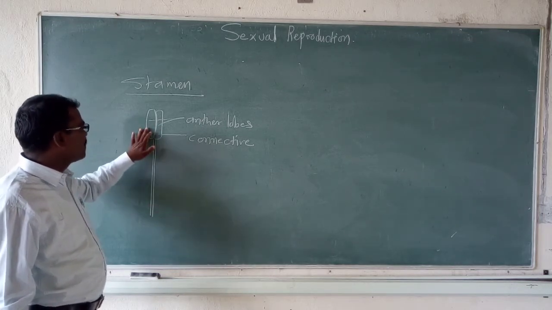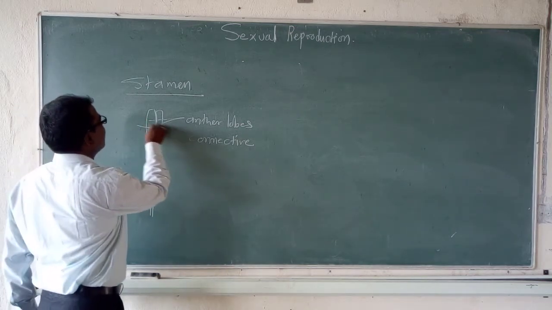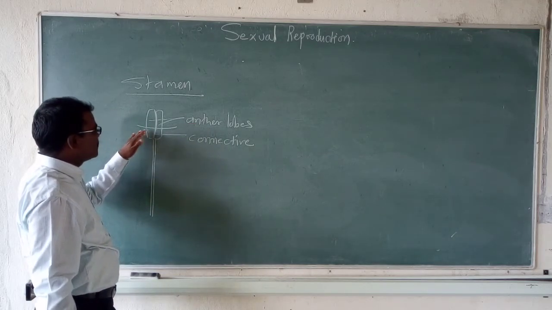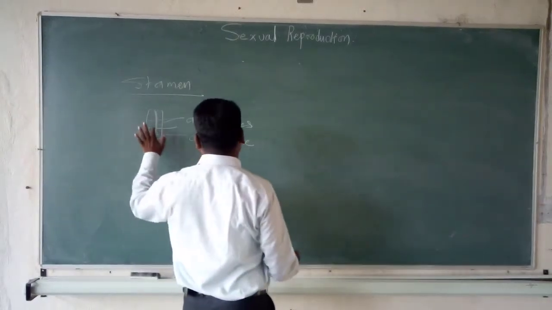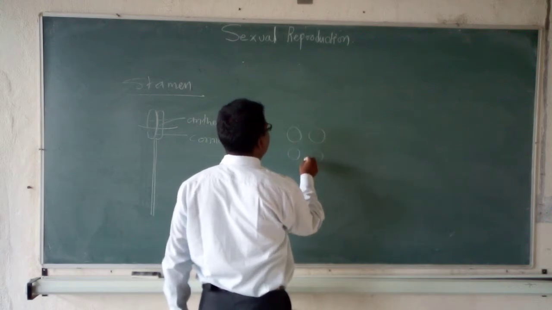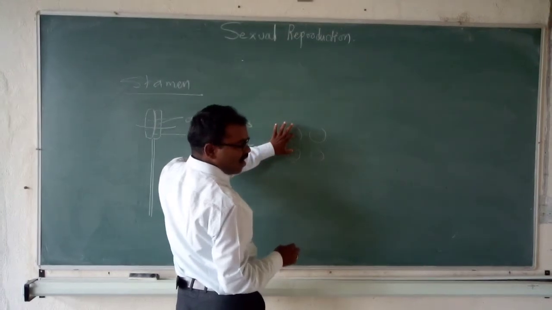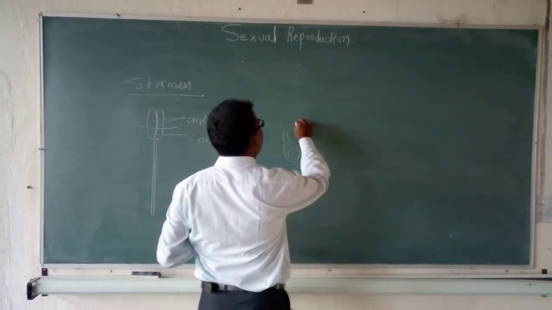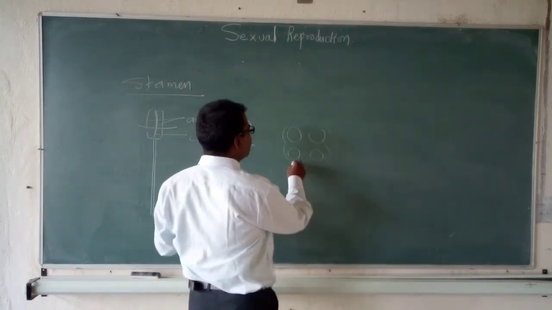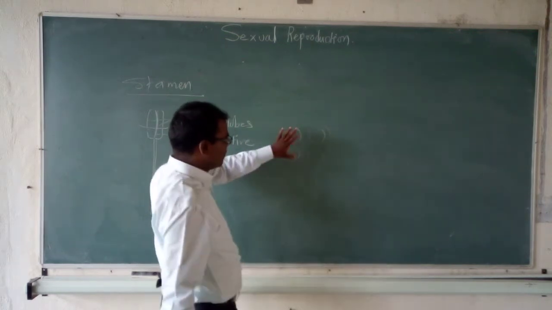By taking a transverse section of the anther, we see two anther lobes. The first anther lobe has two pollen sacs or microsporangia. The other anther lobe also has two pollen sacs or microsporangia. This is the filament.